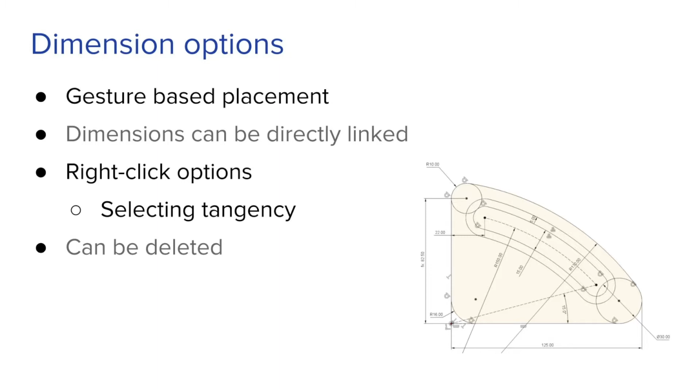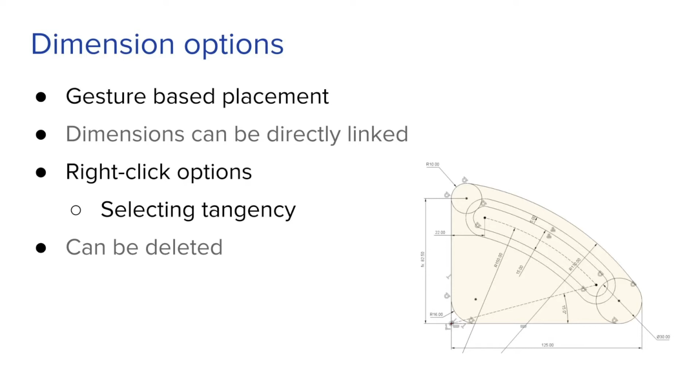But gesture-based placement, so if you're going to place a dimension on the sketch, depending on what you pick and how you move after you've picked it, you'll get different dimension options, and we'll take a look at that. Dimensions can be linked to one another to start getting their values to generate one another. So relationships and factors and formulas can be built into the dimensions.